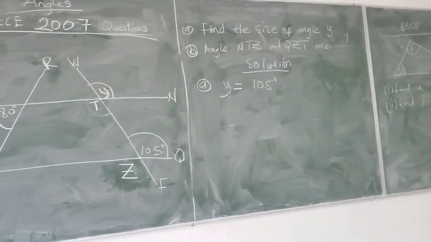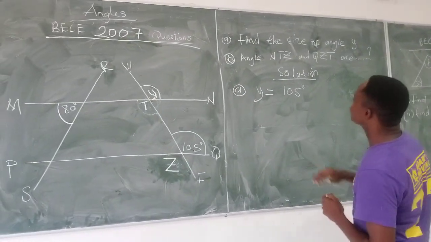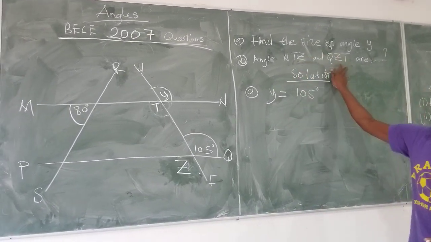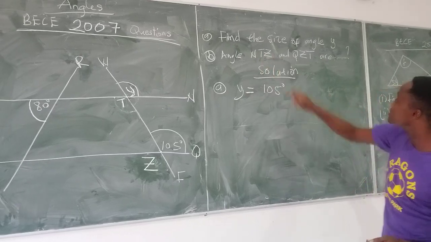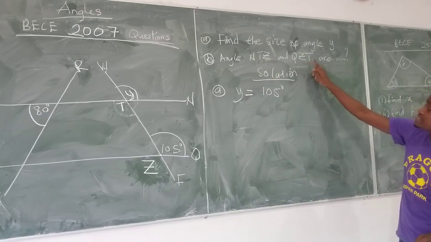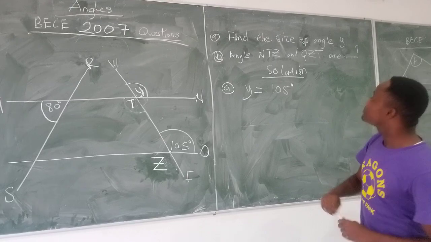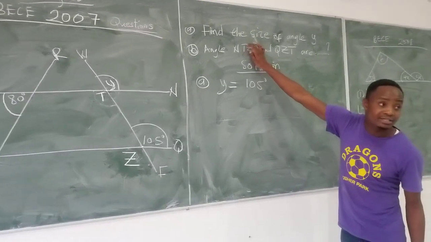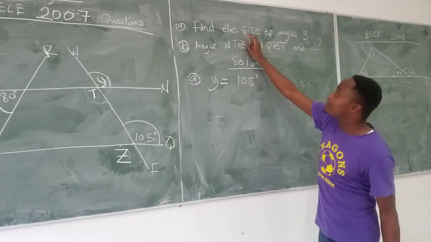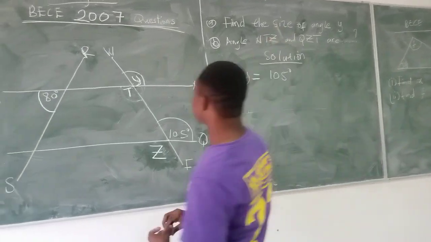Okay, the next question is, what type of angle are these? What is the name? So you go back to your diagram. You have NTZ and then you have QZT. Actually, the middle letter is where the angle is formed.